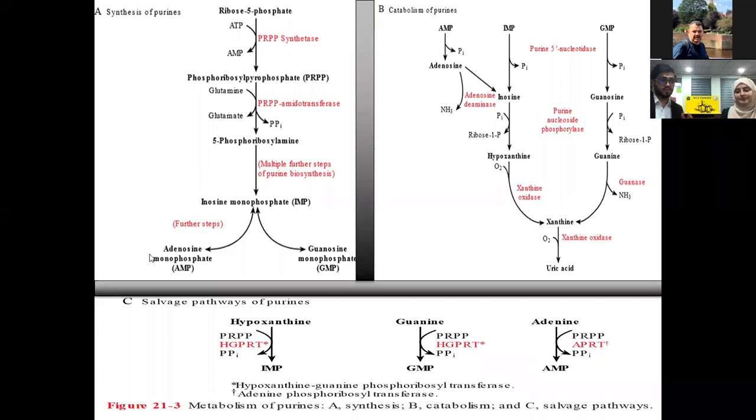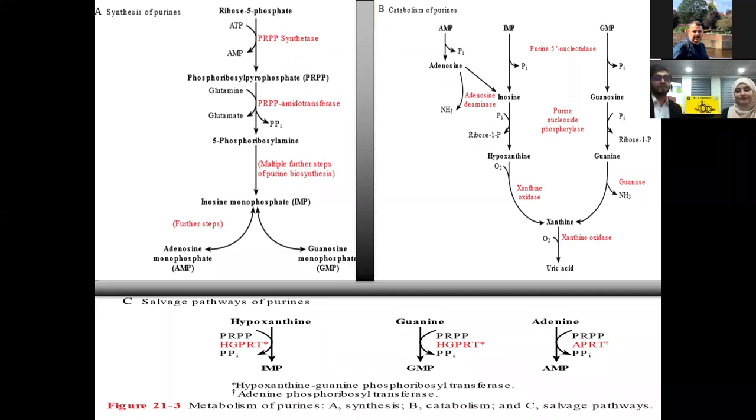And if we look at the HGPRT enzyme, which is involved in the salvage pathway of purines, HGPRT is hypoxanthine phosphoribosyl transferase. This salvage pathway is responsible for recycling the products resulting from the breakdown of nucleic acids to be used for the formation of new nucleotides.